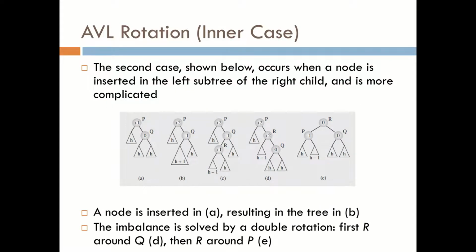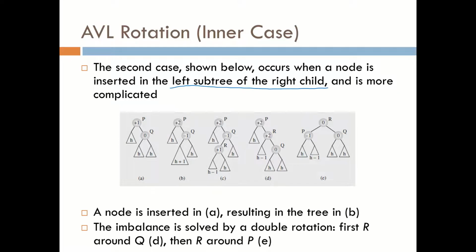Now, the inner case is a little bit more involved, and it is also symmetric, and it involves adding a node to the opposite side of the node that I'm looking at. So let's look at P. This imbalance came about by adding a node into the left subtree of the right child.